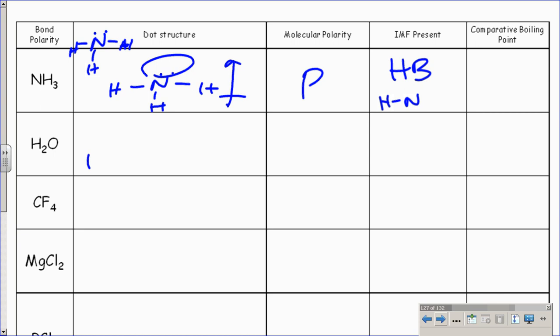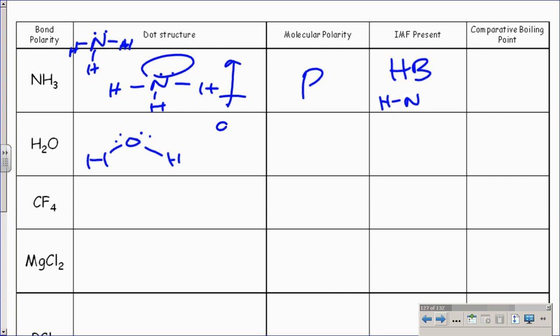Okay, water. Got that. You can do that when you're asleep. Water, polar or nonpolar? Polar. Now the polarity is a combination of two things. What two things have to be considered in your mind before you know something's polar? The lone pairs. Okay, so the lone pairs are technically repelling the other bonded pairs, so it's creating a geometry.